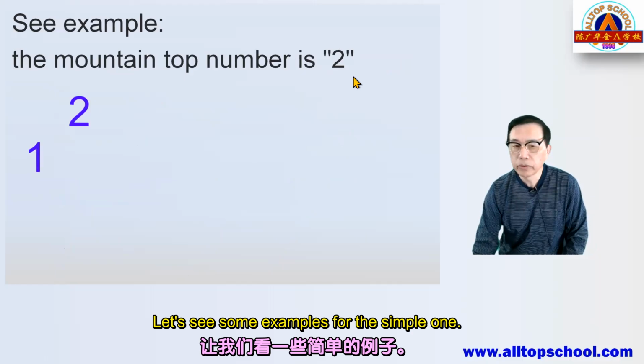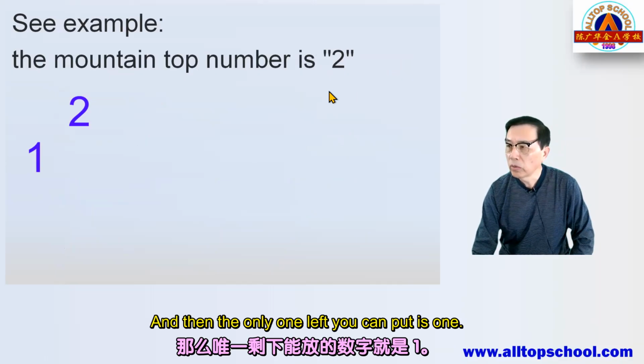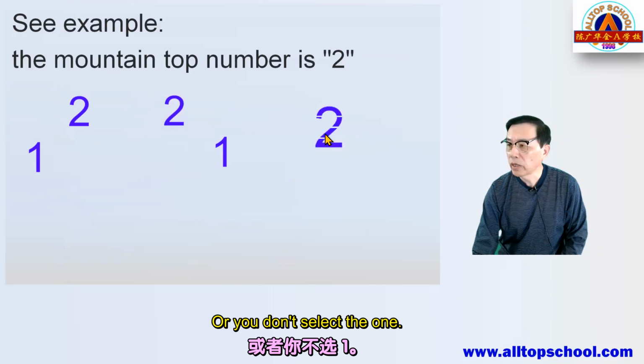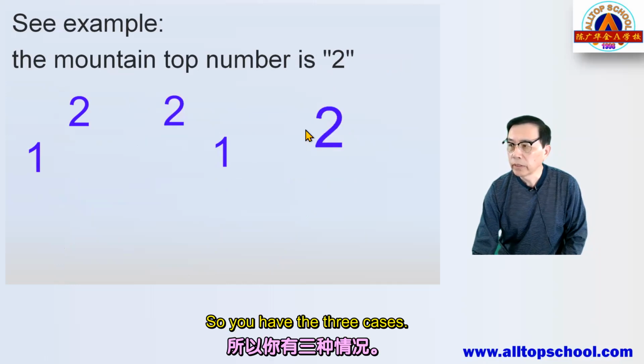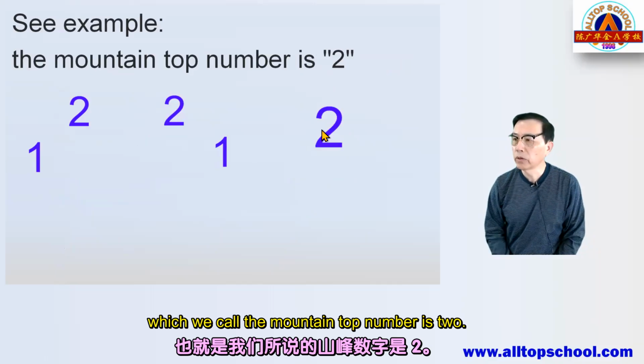Let's see some examples for the simple case. Say the mountain top is 2, and the only one left you can put is 1. You can put the 1 on the left side, or on the right side, or you don't select the 1. So you have 3 cases. The maximum number, which we call the mountain top number, is 2.